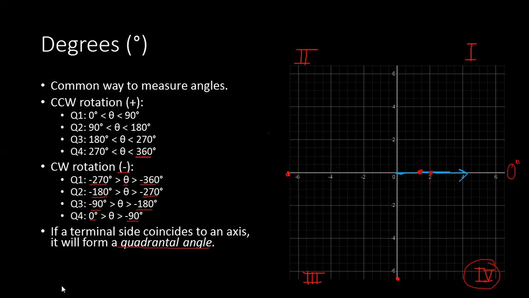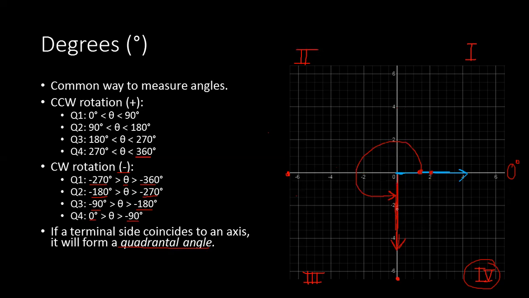So, for example, let's say you start from here, then you form an angle here, exactly here. That means your terminal side stops here. And remember again, if the terminal side coincides with an axis, it will form a quadrantal angle.